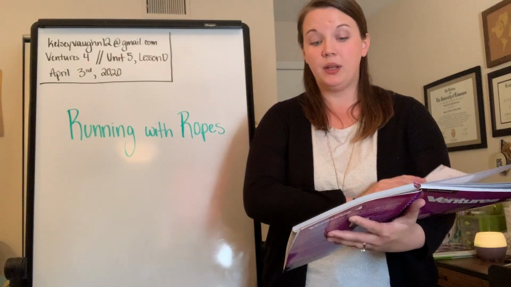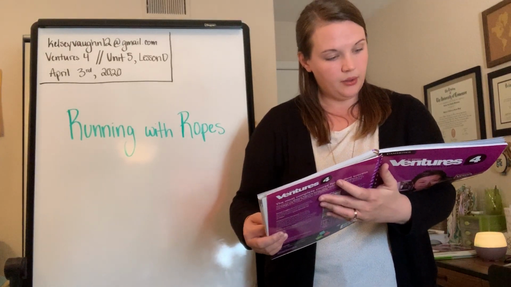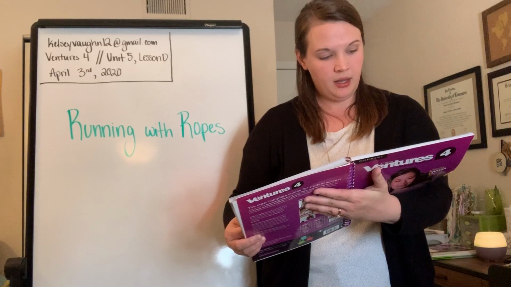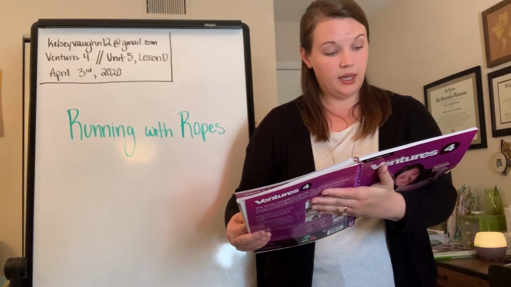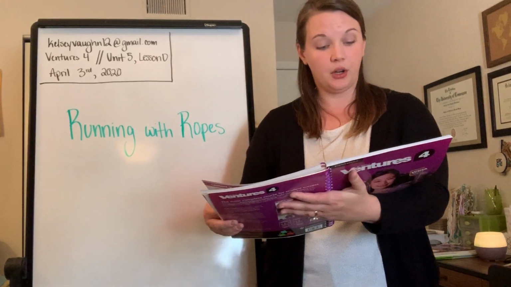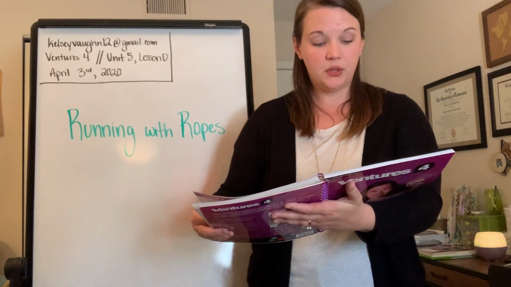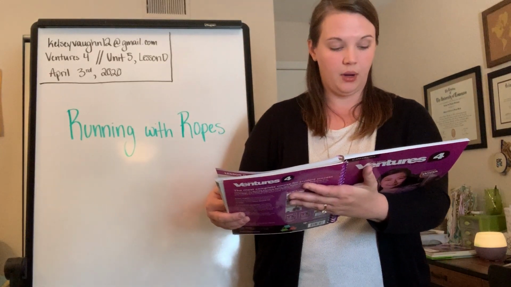Number 3, how is Justin able to run? So you see in the article, it says he has been running twice a week with the help of volunteer runners at Running with Ropes, an organization that assists blind and visually impaired runners.